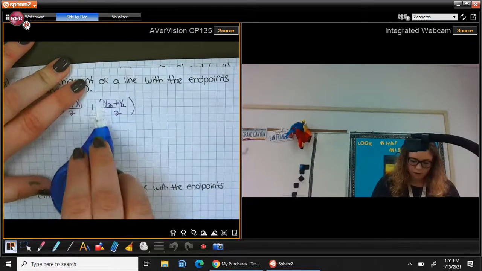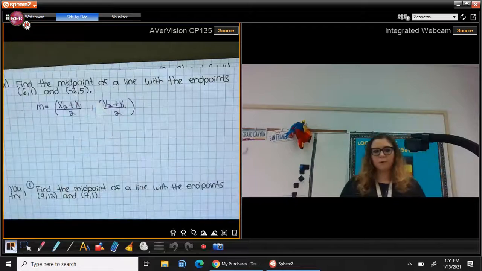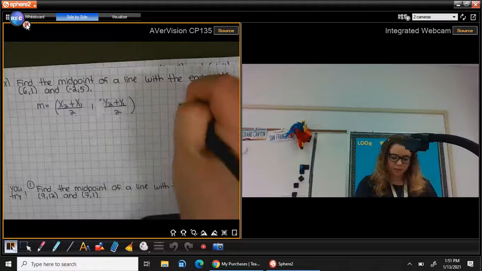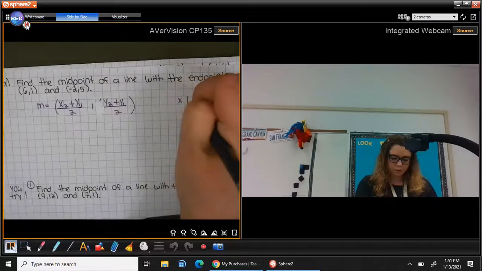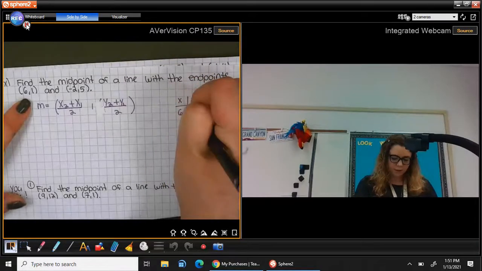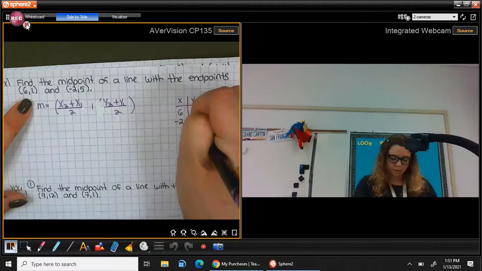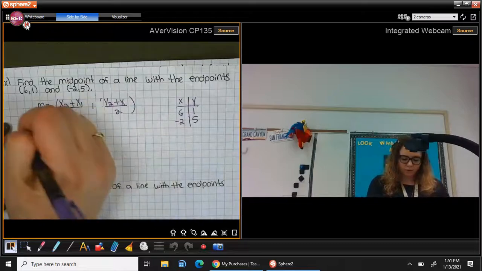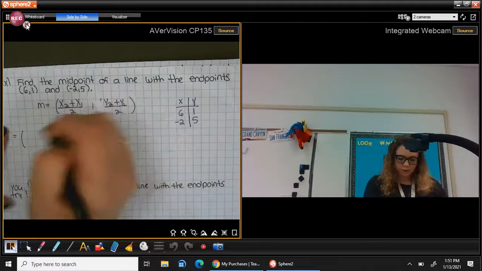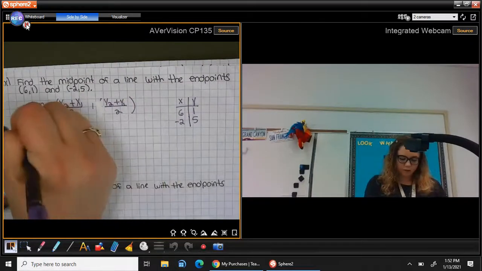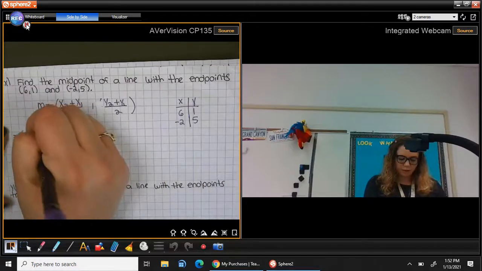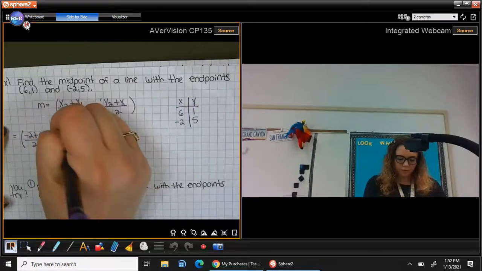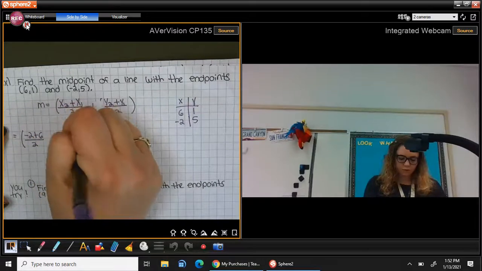I'm going to then stack my points. So I have 6, 1, and negative 2, 5. And I'm going to plug this into my formula. Okay, so x2, negative 2, plus x1 is 6, all over 2. y2 is 5, plus y1 is 1, over 2.